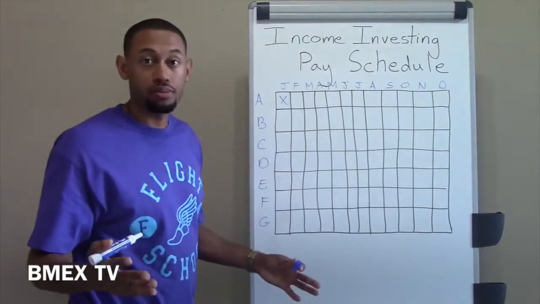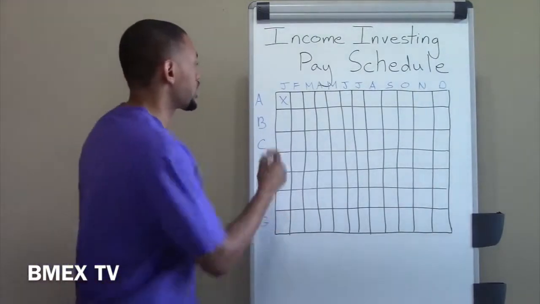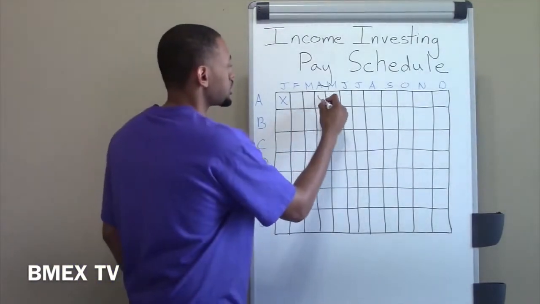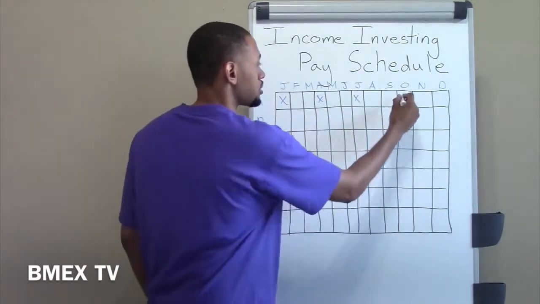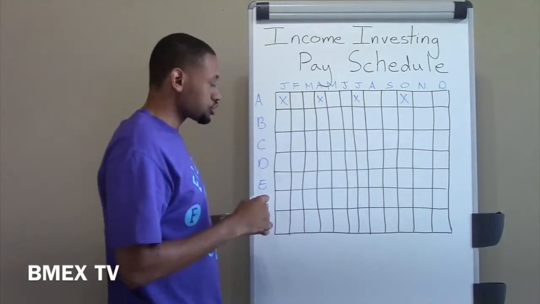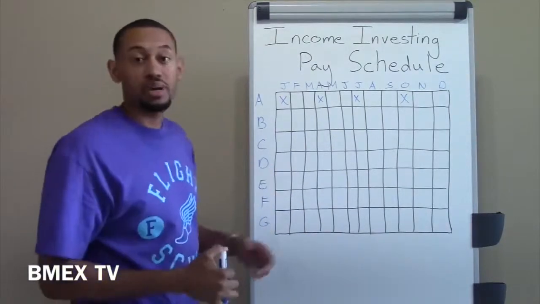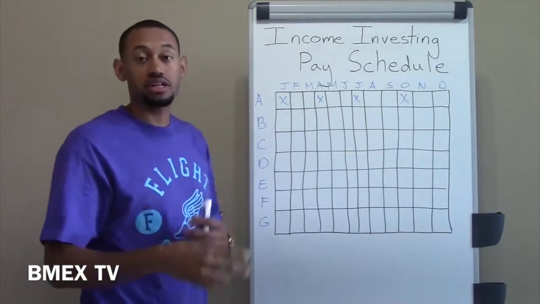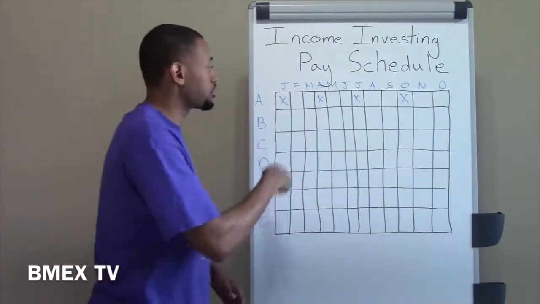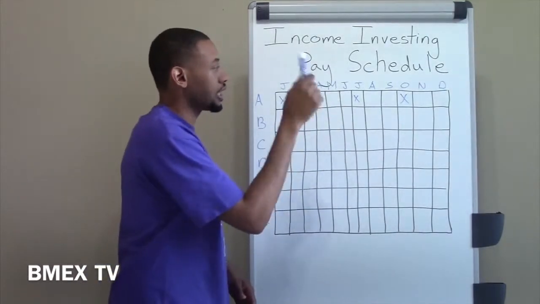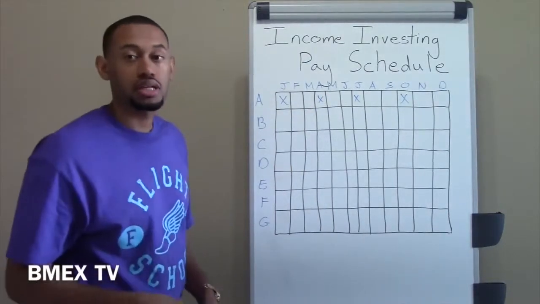We're talking about every 3 months: January, then April, then July, then October. That means stock A pays out 4 times a year because it's every 3 months and there are 12 months in a year. So guaranteed, January, April, July, and October, you're going to get a dividend.